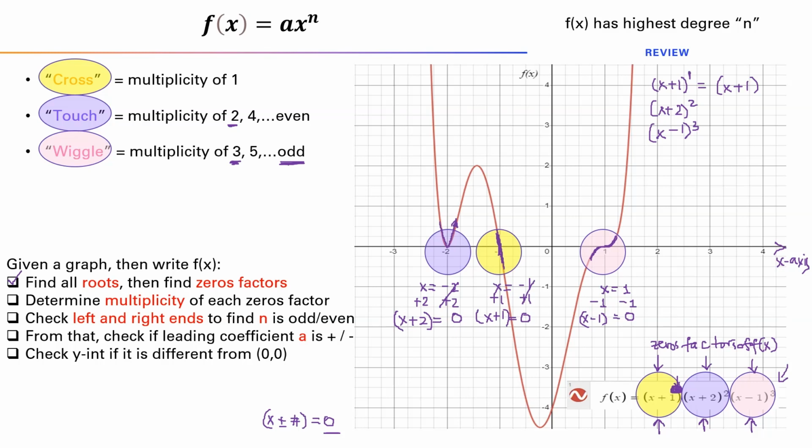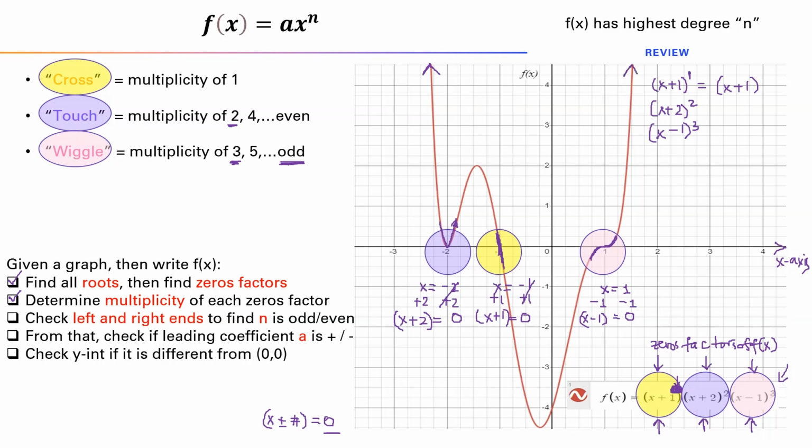But that's not done yet, right? So now that we have determined the multiplicity of each zero factor, we check the left and right ends to find whether n is odd or even. We don't know n is even or odd. So we see that the left end goes up and the right end also goes up.